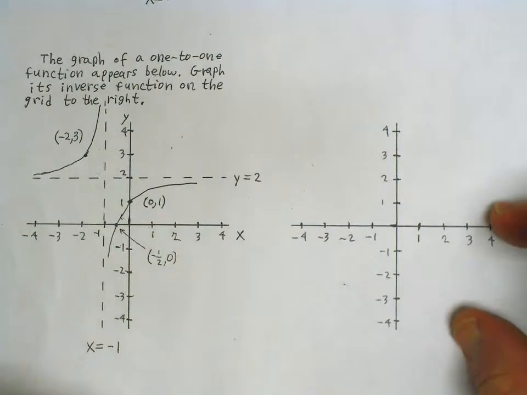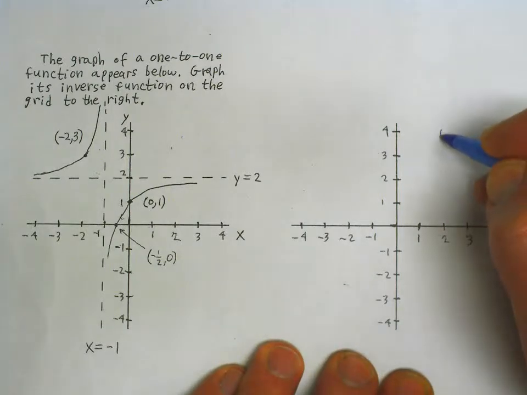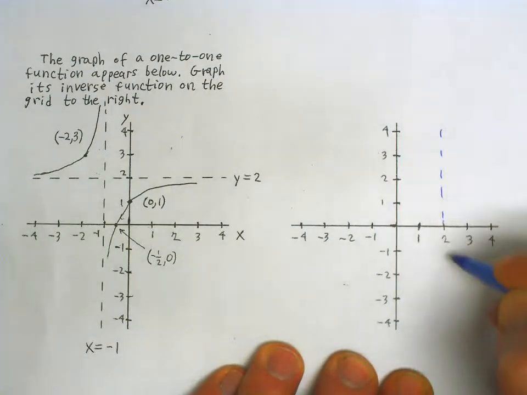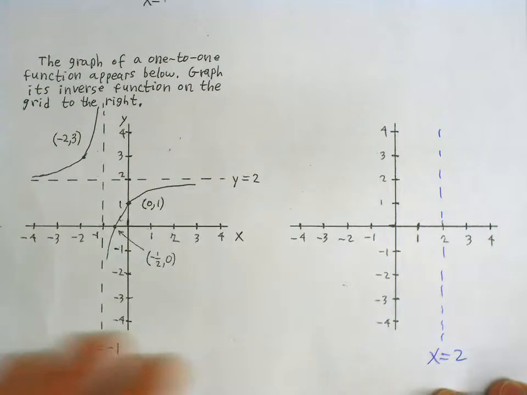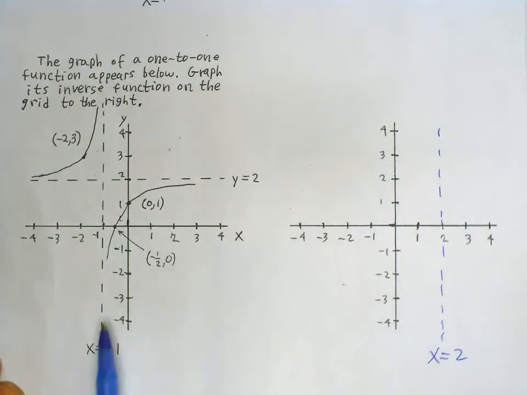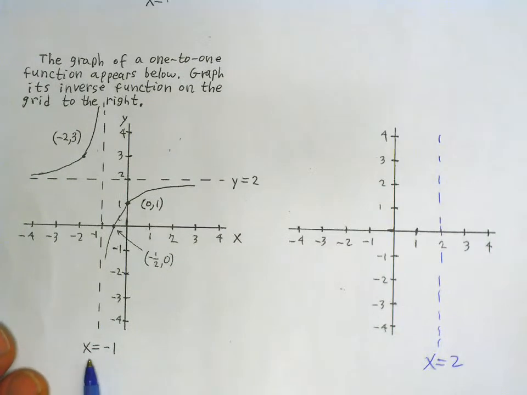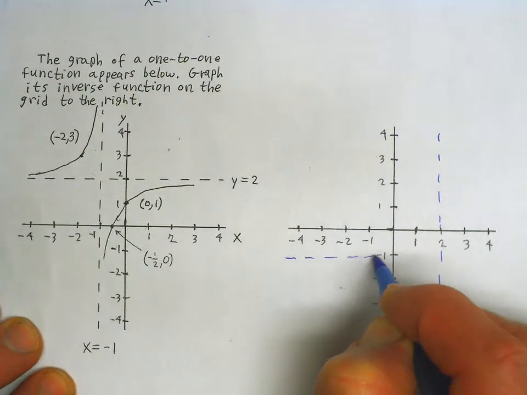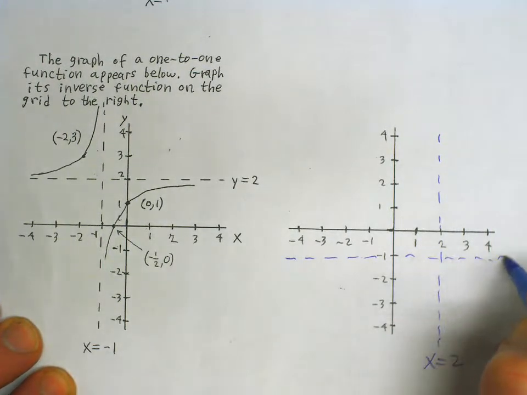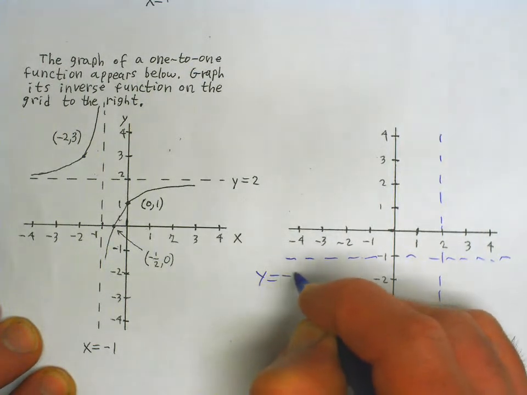That means that on the graph of the inverse, x equals 2 is a vertical asymptote. On the graph of this function, we have a vertical asymptote, x equals -1. So that means that on its inverse, we have a horizontal asymptote of y equals -1.